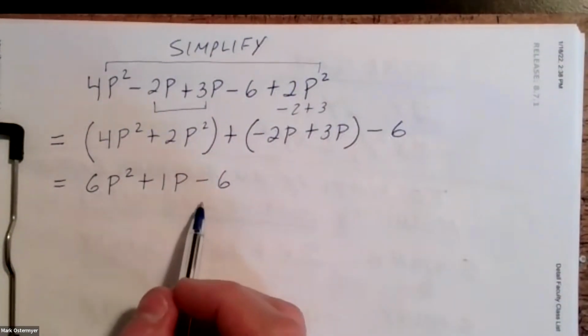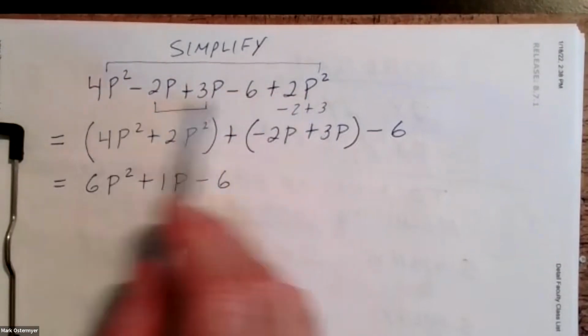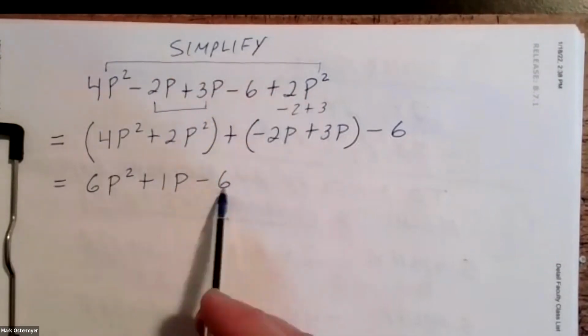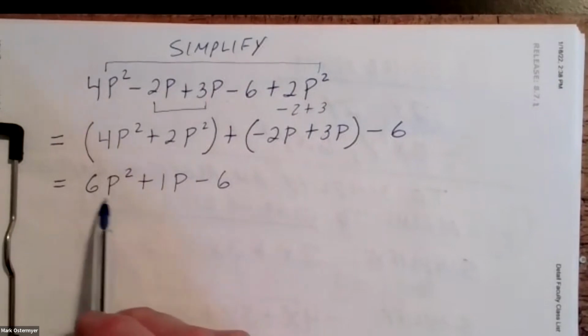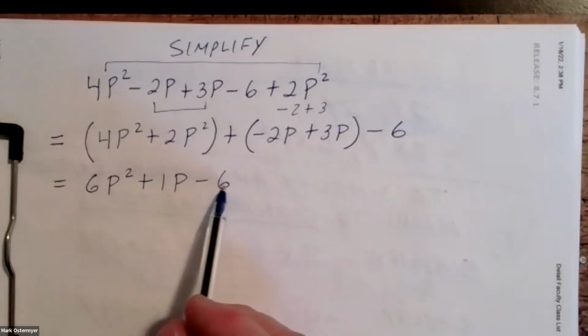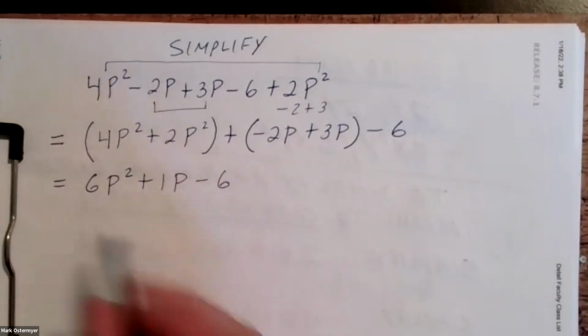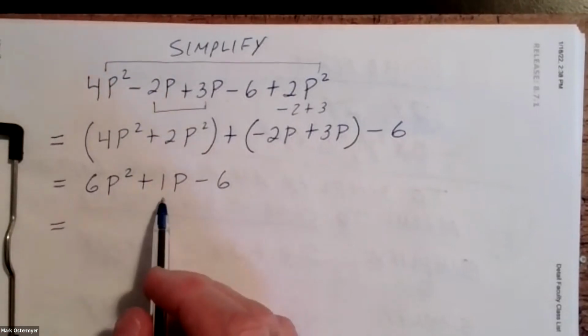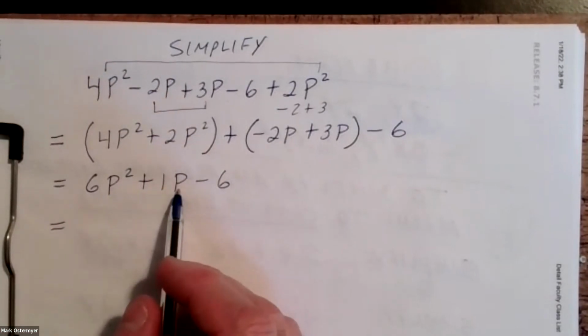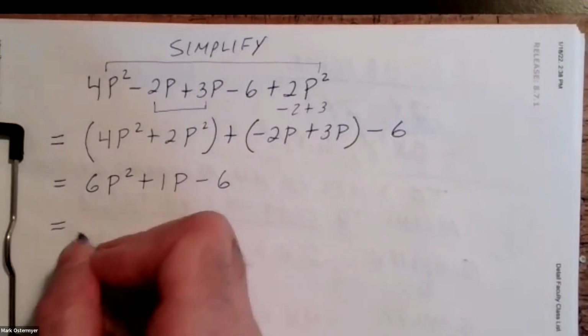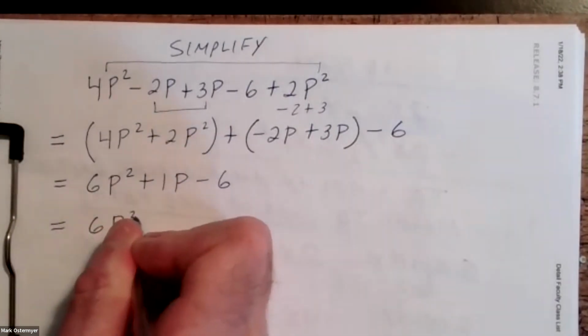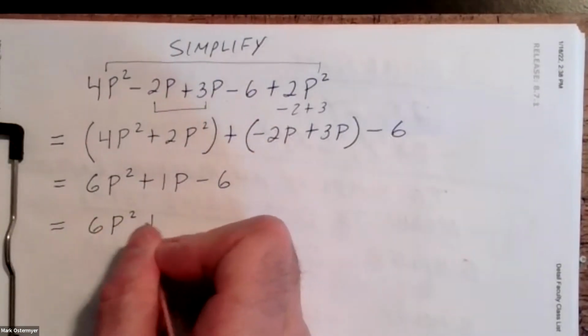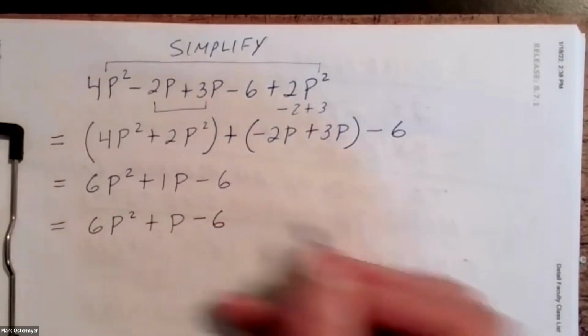This would be the simplification of this algebraic expression. We have combined all the like terms in it. You cannot combine any of these other terms because none of these are like terms. By the way, when you have 1 times a variable p, you can just call it p. So we could write this equivalently as 6p squared plus p minus 6.